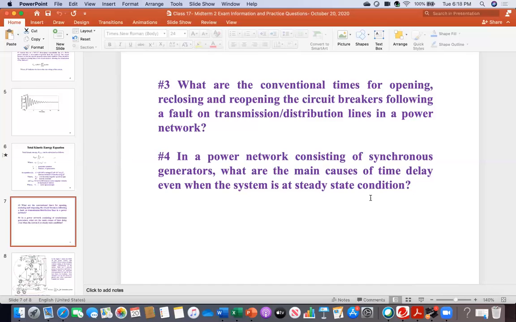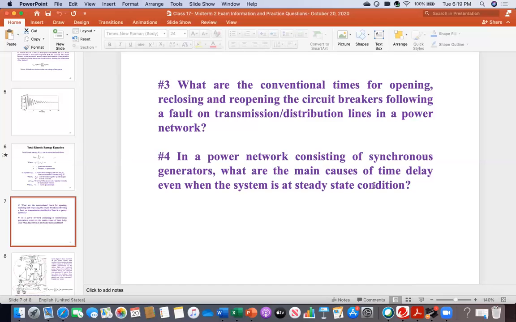And if it's a hugely interconnected system and you need to collect total voltage or total kinetic energy or total active power or speed information, then there will be additional delay. So during steady state condition, those delays are not big because the system is running fine. Those steady state delays have very little impact. Once you want to collect a global variable, at that time it will have some impact.